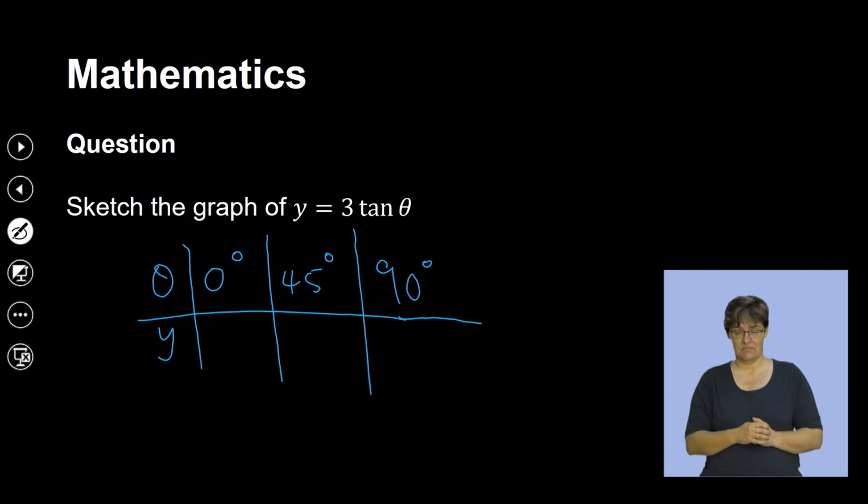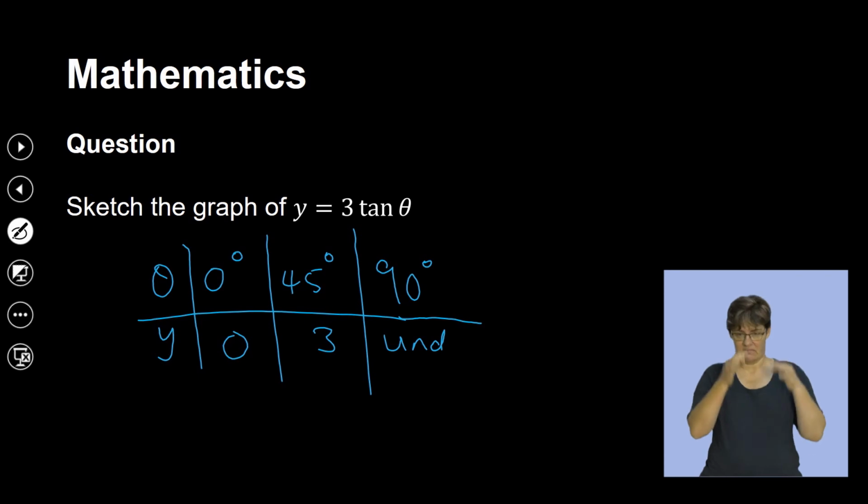So remember, with 0 degrees, it's going to be 3 times 0, which is still 0. And then 45 degrees, from special angles, remember tan 45 degrees is 1 times 3, it will be 3. And then we know that for 90, it is undefined, because remember, that's an asymptote of the graph.